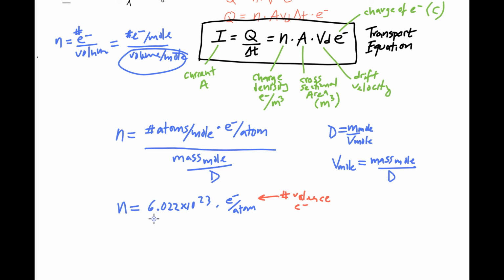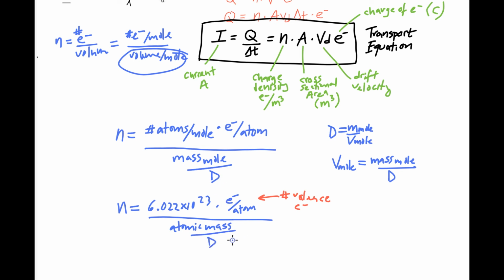And then the denominator, what about mass of a mole? What do we know is the definition? The mass of a mole is considered to be the atomic mass. So as long as we have our periodic table, we're going to be golden. And then that's going to be over the density.